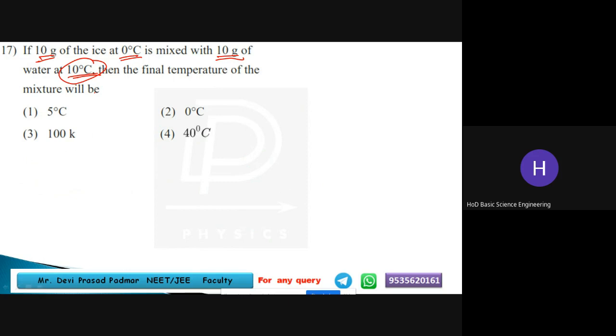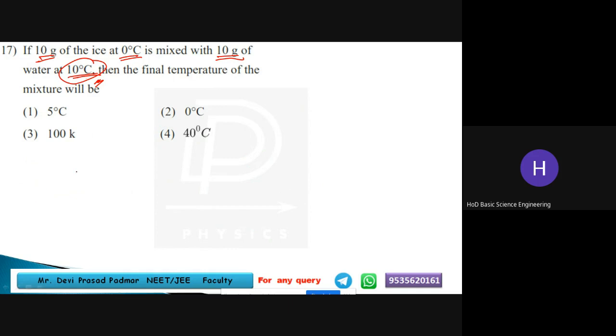If ice is mixed with this water, the temperature of the water must decrease because the heat is absorbed by the ice and ice starts melting. Correct, no?